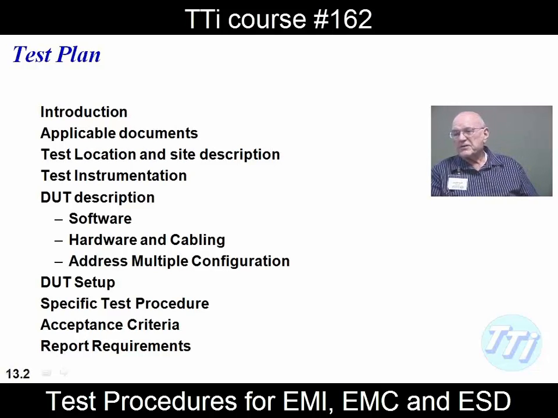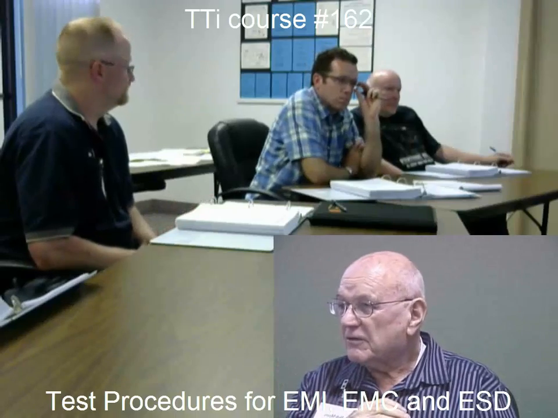Now, if you look at some of the stuff you've done, Jim, what kind of things do you talk about as far as the report requirements? Well, we'll take EMI for example. I might say I want to see all of the graphs of the radiated emissions testing for all the different frequency ranges and see how close I was.